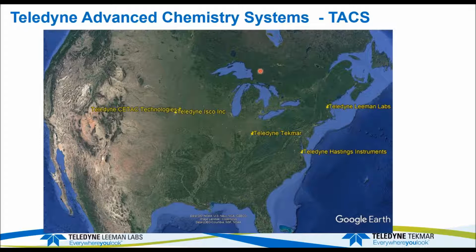In Mason, Ohio, Teledyne Tekmar manufactures total organic carbon, volatile organic compounds, and semi-volatile organic compounds analyzers, as well as mercury analyzers. CETAC is also part of the TACS group. They're located in Omaha, Nebraska. They do automation, sample prep, and specialty nebulizers like ultrasonic nebulizers. And all our manufacturing is done in Lincoln, Nebraska, where our ICPs and DCR type products are built.